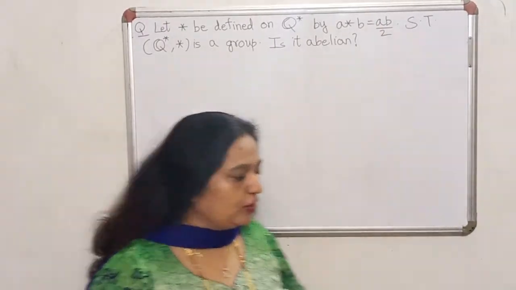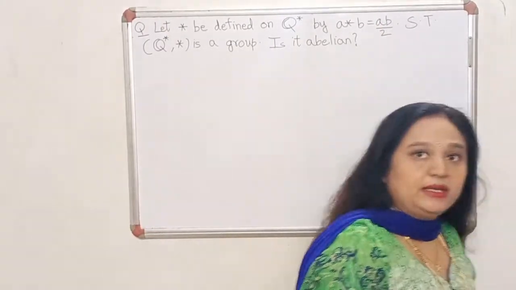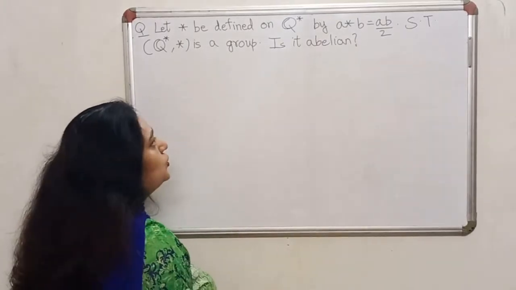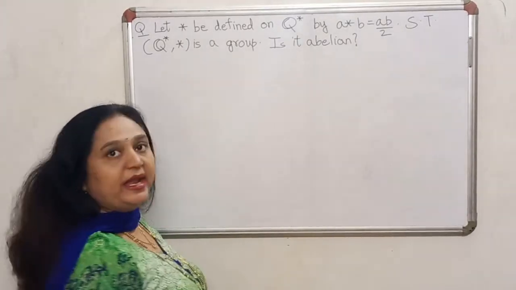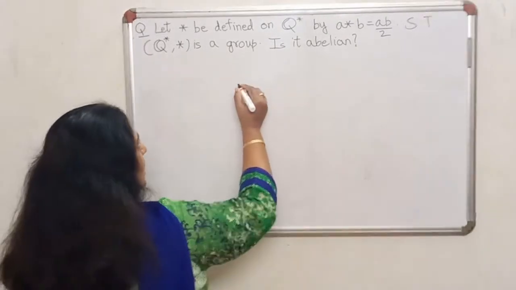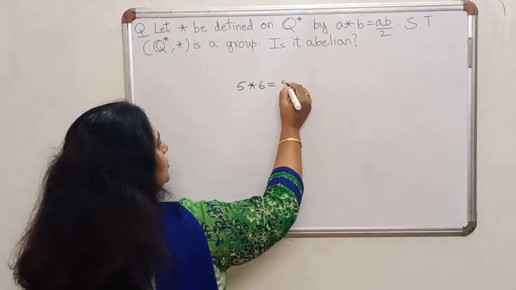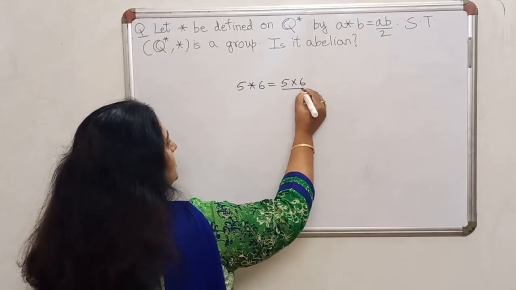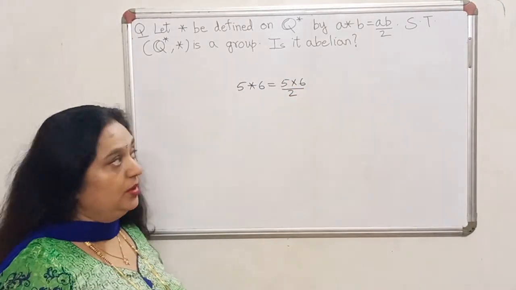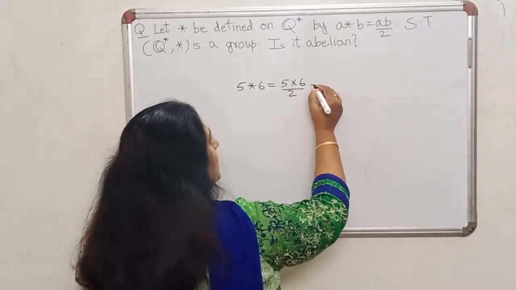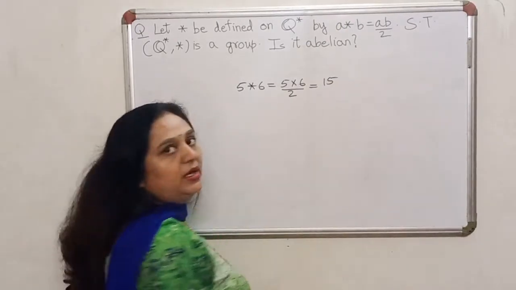That means product of the two elements divided by 2. So for example, just to explain what this formula is, let's look at 5 star 6. If I were to use this formula, this is 5 into 6 upon 2, which works out to be 5 into 3, that is 15.